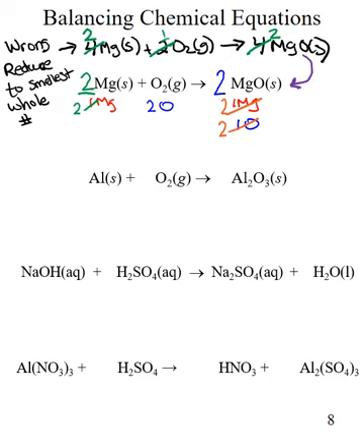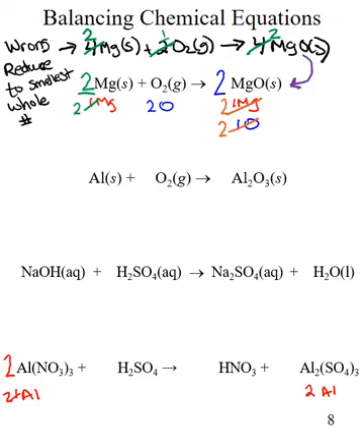So I see aluminum first, so let's balance that one. How many aluminums are on the left side? Only 1. And on the right side, how many aluminums are there? 2 aluminums. So to balance that out, I would put a 2 out in front. So now I get 2.